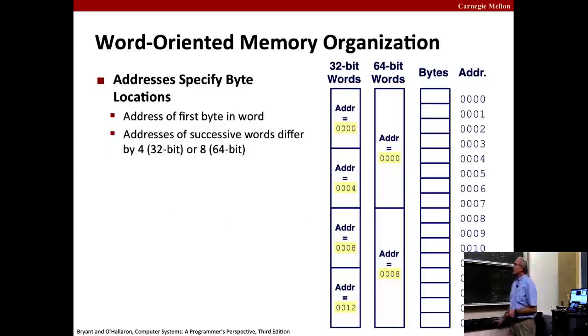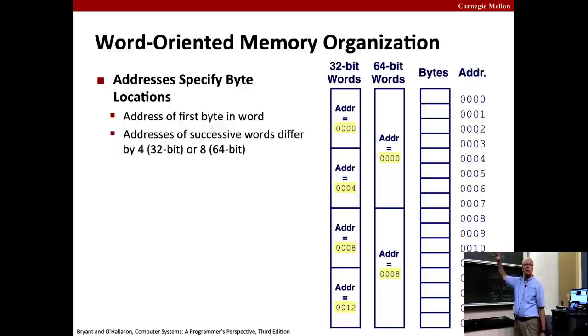So anyway, the idea is that the memory itself is a series of bytes, but we can group those into blocks of words of different word sizes. The way we do that is usually by assuming that the address of the word is the lowest valued address in it.